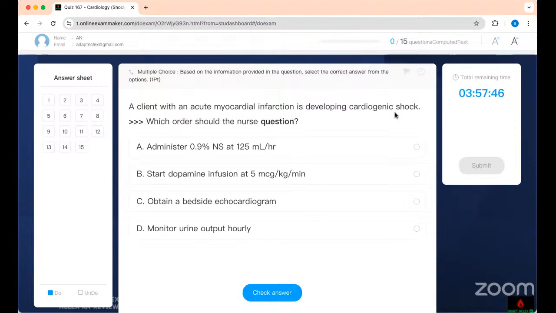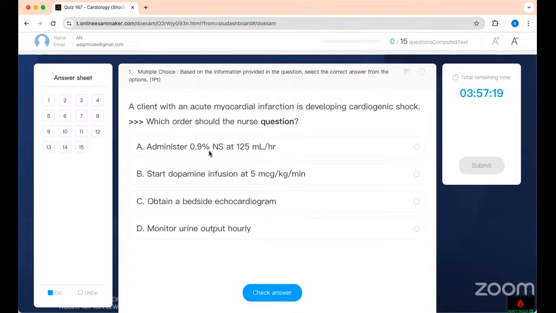In cardiogenic shock, the number one priority is to push the heart, right? So dopamine is going to push the heart. So that's good. I don't need to question that information, right? Getting an echo to figure out what is wrong with the patient is a good thing. And then monitoring the client's urine output is also a good thing to see if the cardiogenic shock is resolving.